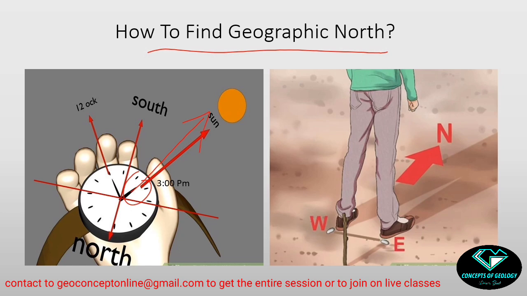Suppose in my wristwatch, in this figure, the time is 3 p.m. Okay, this is the hour hand. I need to place this hour hand directed towards the sun. Okay, so if this is 3, this is 2, this is 1, and this is 12.